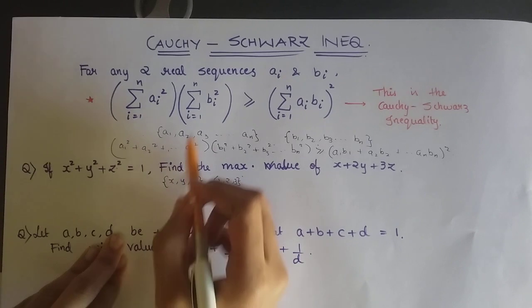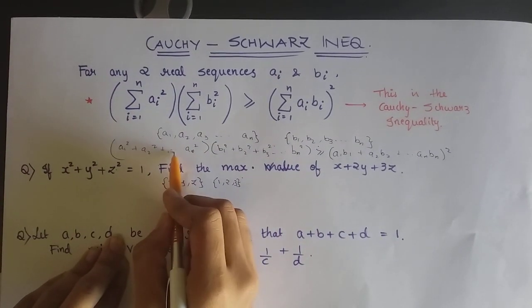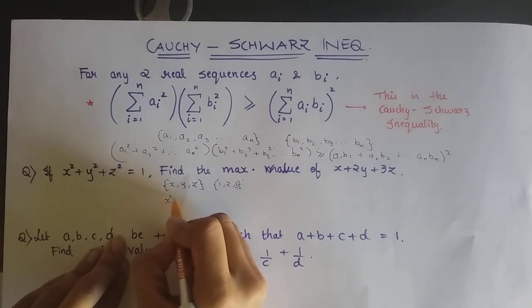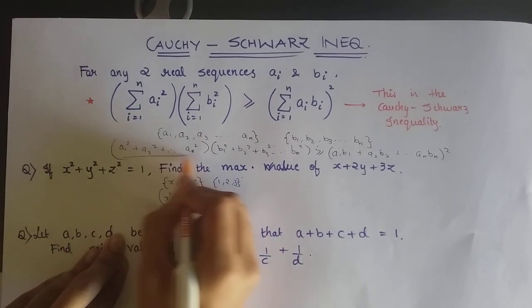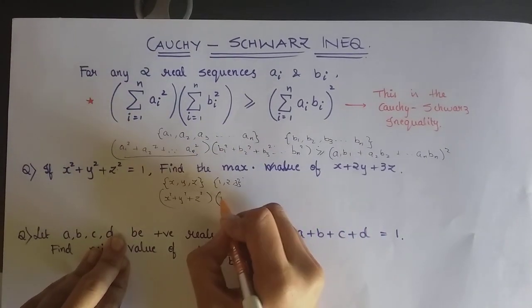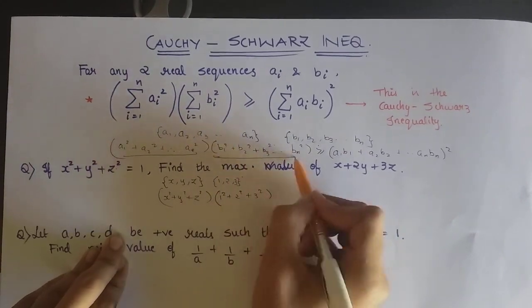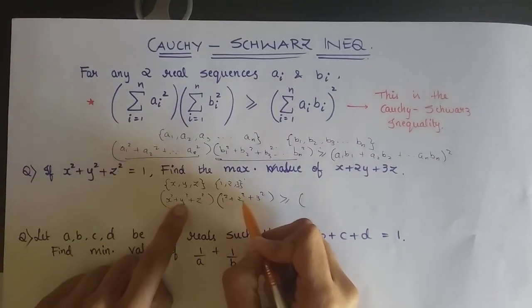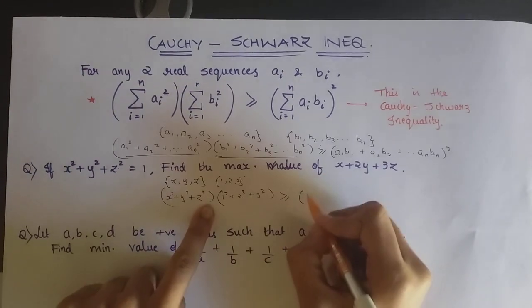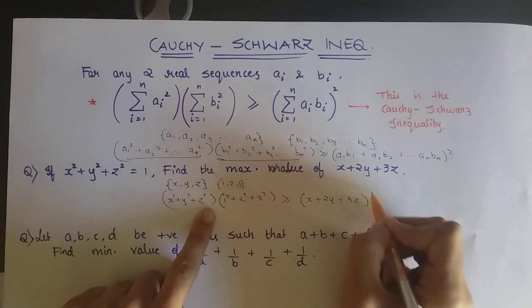Watch closely now. I am going to apply the Cauchy Schwarz inequality for this question. It says that x square plus y square plus z square, times 1 square plus 2 square plus 3 square, should be greater than or equal to (x into 1 plus y into 2 plus 3 into z) whole square.